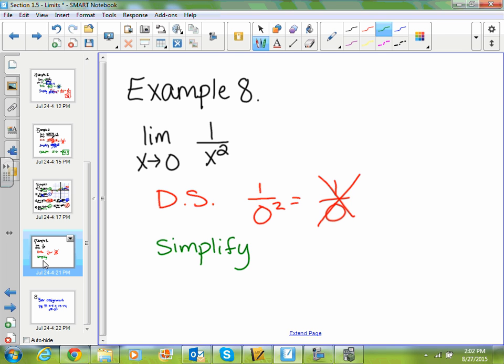If I try to simplify it, the only thing that I can simplify is an x squared, and I can break that down to x times x. But again, that doesn't really change the problem, so simplifying it doesn't work. So then we're going to graph it.